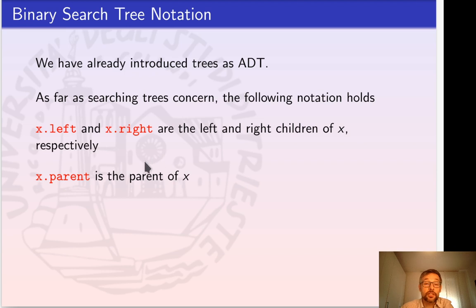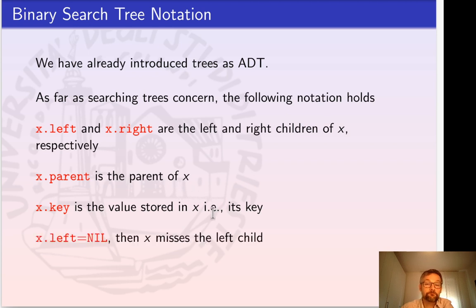And of course we need a way to deal with the parent of x, which is x.parent, and of course we need to evaluate the value stored in a specific node, and this is the key. So by writing x.key, I know the value in x.